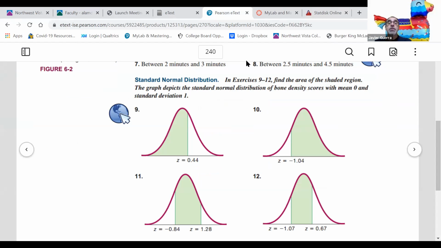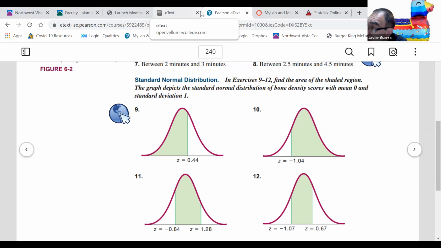All right, so how do I write my probability statement for number 10? Which way is the shading on this one? The shading is going to be on the right.